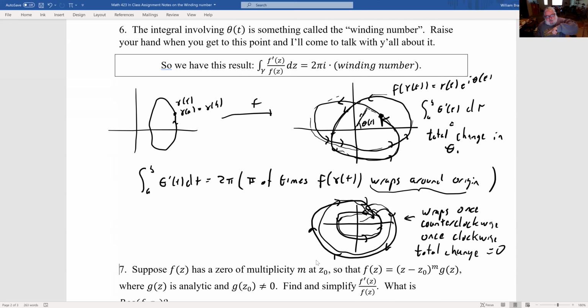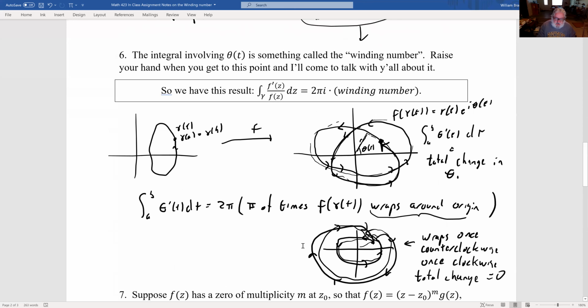So count everything counterclockwise around the origin as positive, and everything clockwise as negative. This is called the winding number.